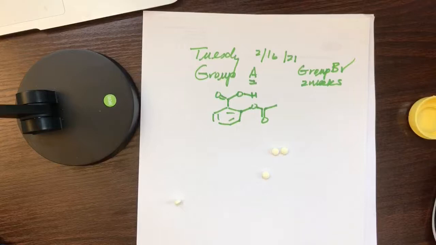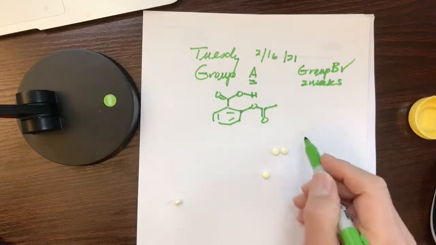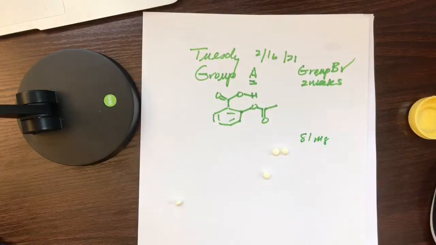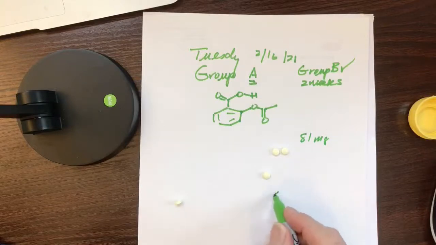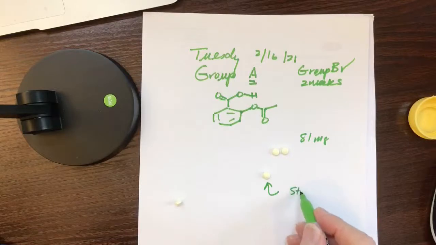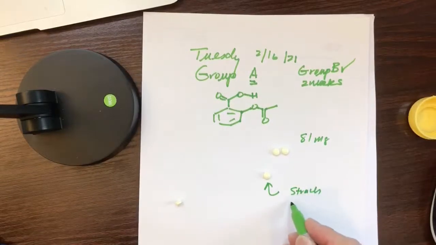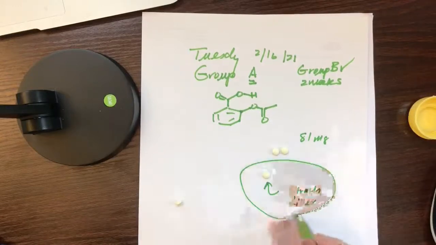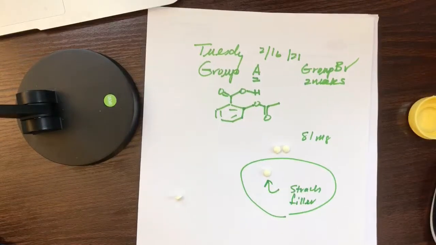You cannot really put 81 milligrams in the palm of your hand and see how it is. So in addition to the active ingredient, it has starch and some other fillers to make it into a tablet so we can take it easily.